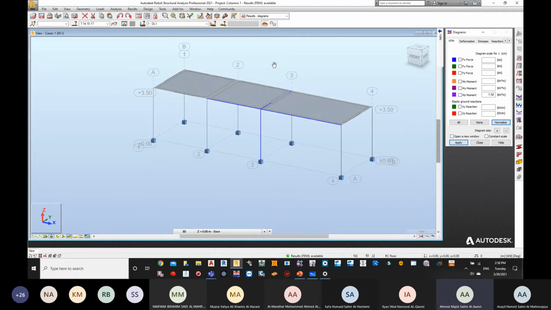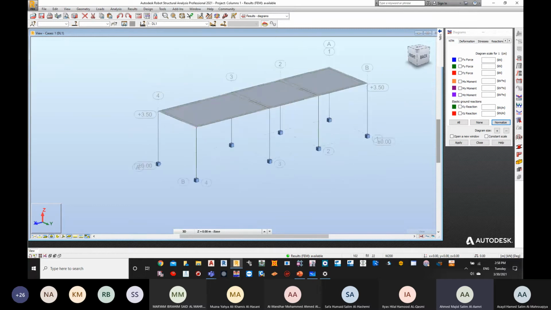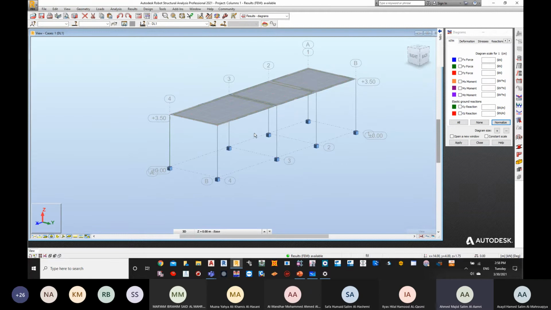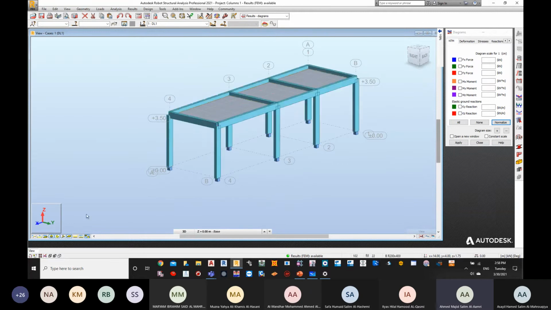Now you can see here we have different types of columns. Now, for example, let us say that I want to take this particular column.